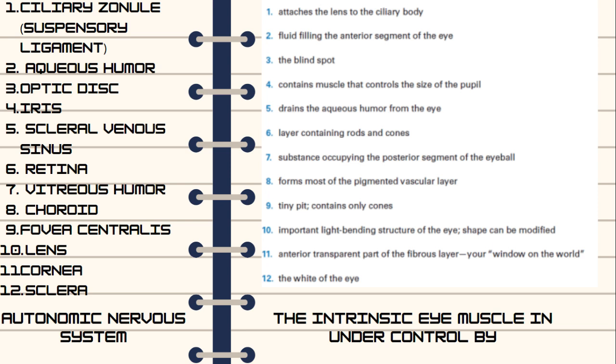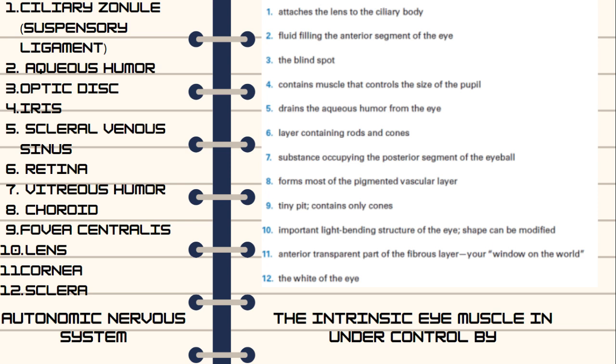Choroid. Number 9. Tiny pit contains only cones. Fovea centralis. Number 10. Important light bending structure of the eye. Shape can be modified. Lens. Number 11. Anterior transparent part of the fibrous layer. Your window on the world. Cornea. Number 12. The white of the eye. Sclera.